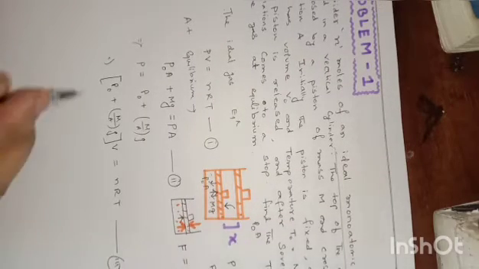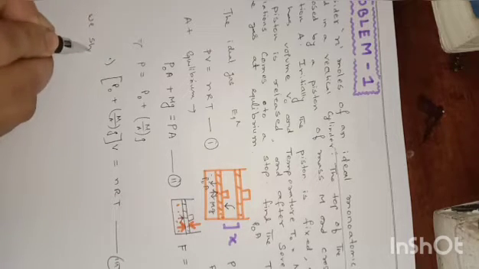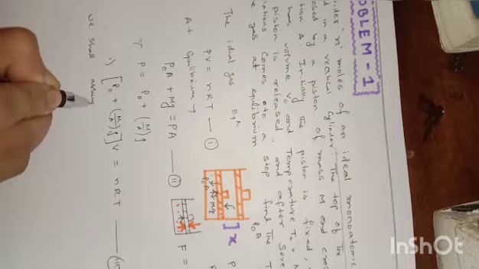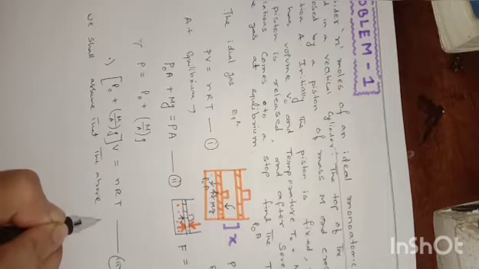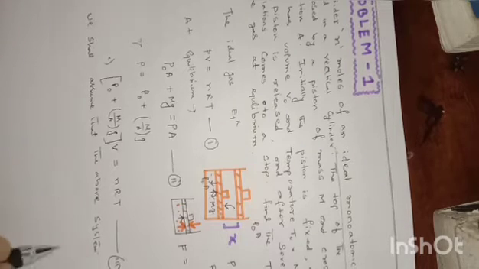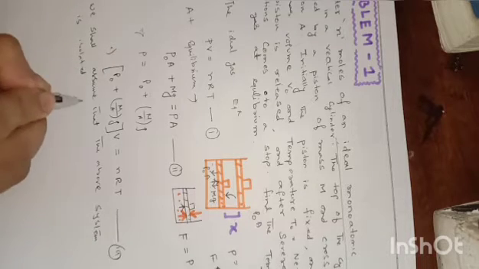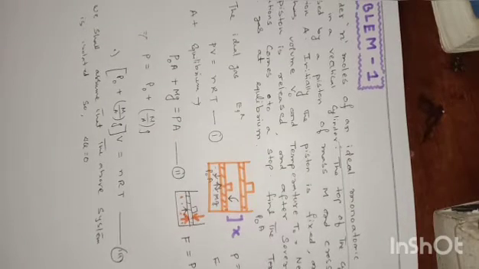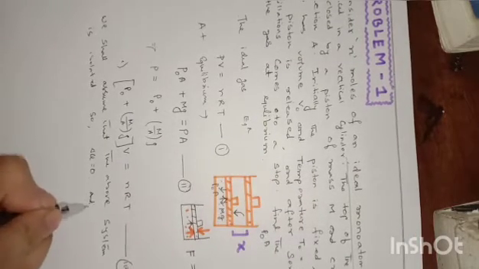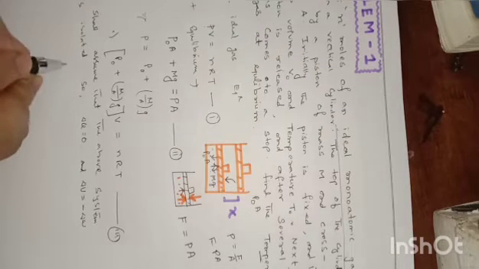So now we shall assume that the above system is isolated, so ΔQ would be equal to 0, and ΔU is nothing but minus ΔW.